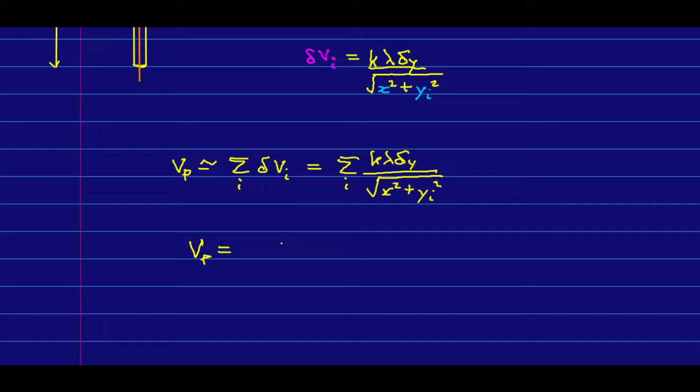And I'll note that the k lambda are constants, which I'll pull out in front. And so I have, as usual, the quantity with the delta on it has wound up as the thing that I am integrating with respect to, because what I have done here is take the limit as delta y goes to 0. And all the I subscripts have disappeared because that's no longer a discrete variable, it's a continuous one.